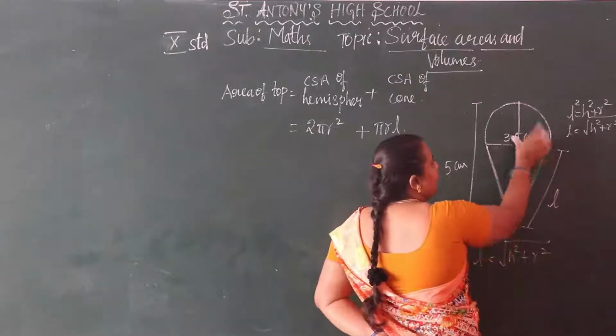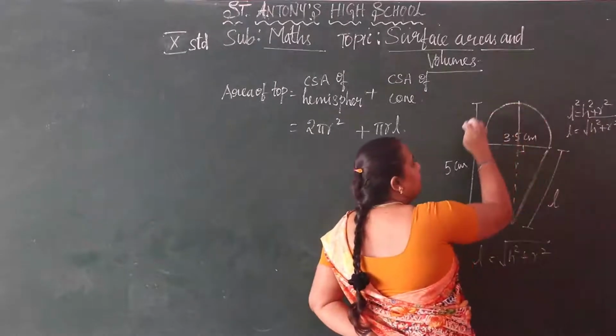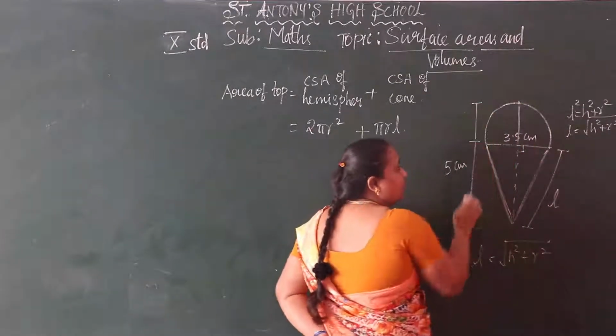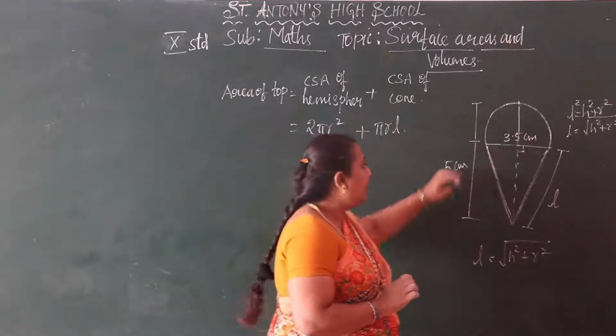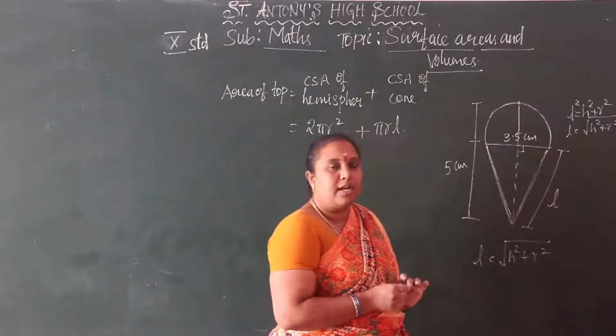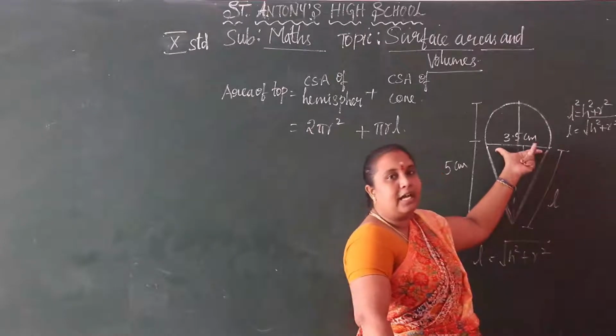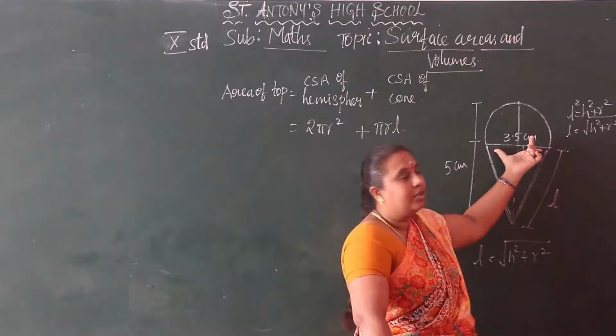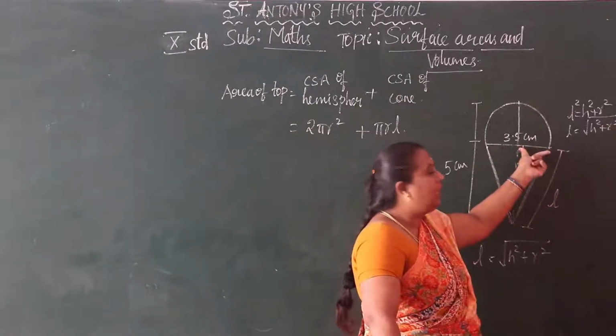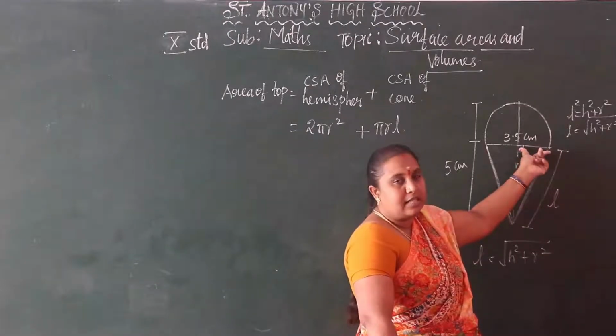Is it right? So this radius we have to subtract from the total height of the top. So we get the height of the cone. Understood, children? Here we know the diameter of the hemisphere and the diameter of the cone. From this we have to find the radius of the hemisphere.